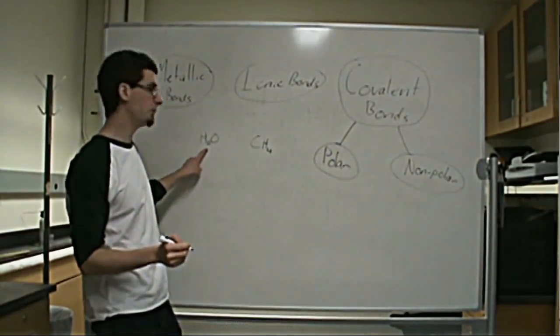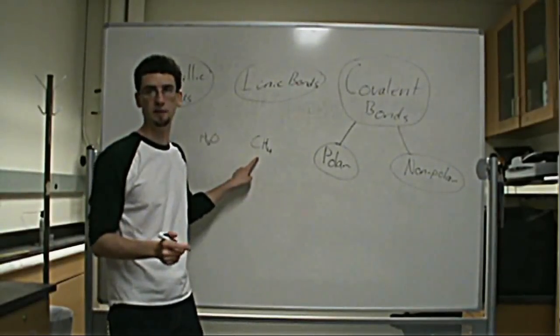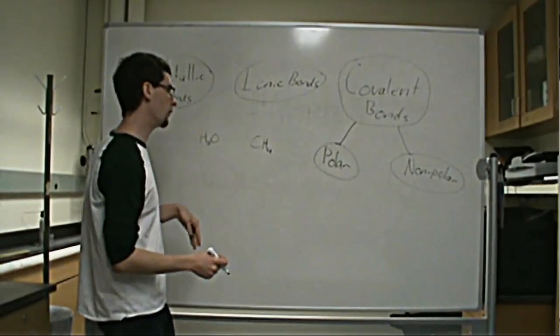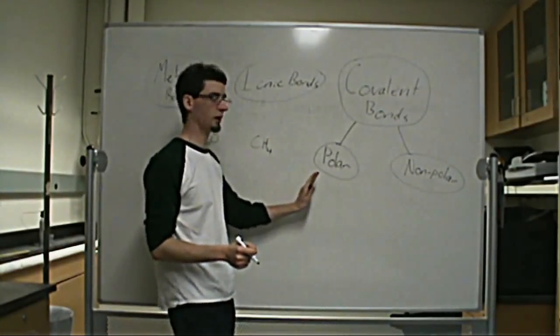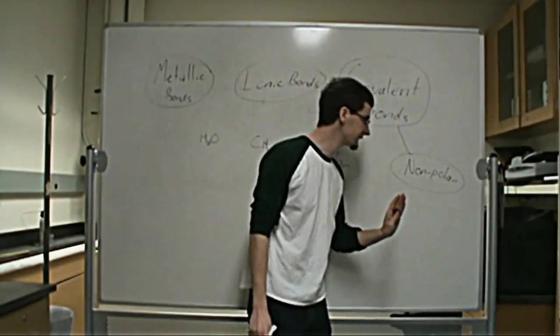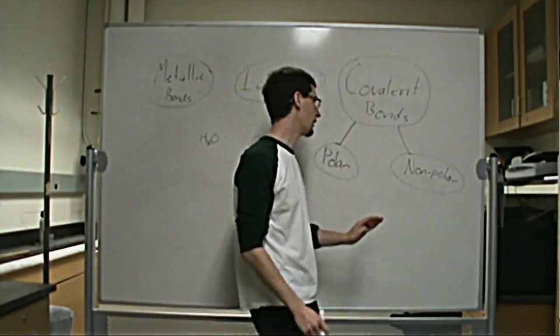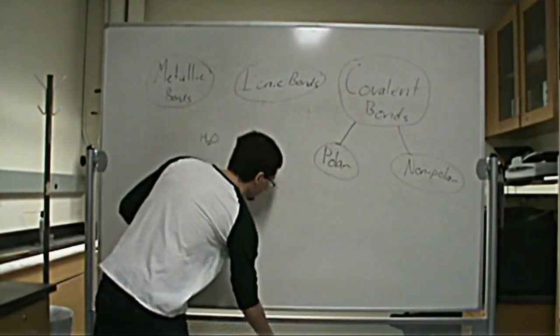H2O has an overall dipole moment, whereas methane does not have an overall dipole moment. So things that have an overall dipole moment are considered polar. Things that do not have an overall dipole moment are considered nonpolar.